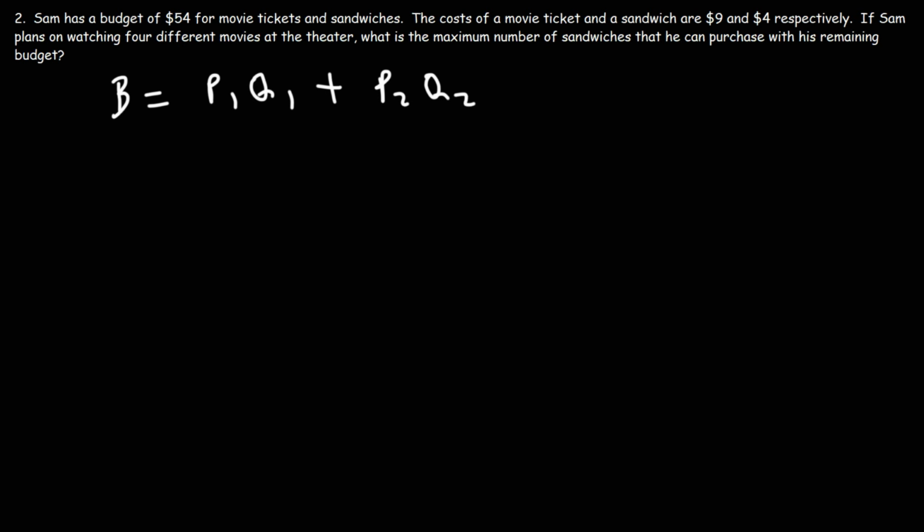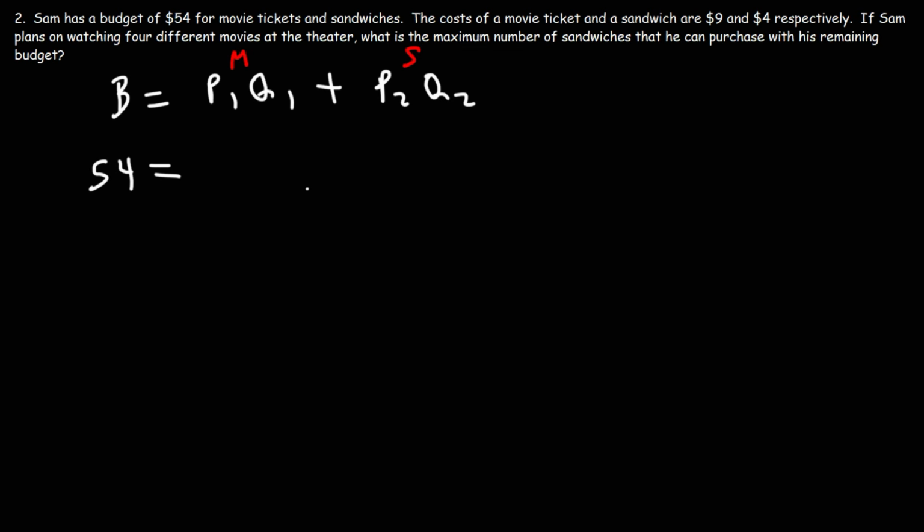So let's say the cost of a movie ticket is indicated by subscript 1, and the second one is going to be associated with the cost of a sandwich. So the budget in this case is $54.